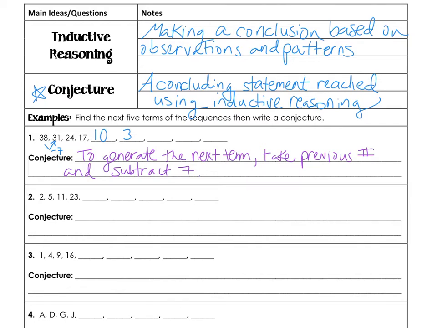Subtract 7 and we get negative 4. Subtract 7 again and we get negative 11. Subtract 7 and we get negative 18. So on this one we found the next 5 terms in our sequence, plus we made a conjecture, our concluding statement that explains the pattern by using our inductive reasoning.